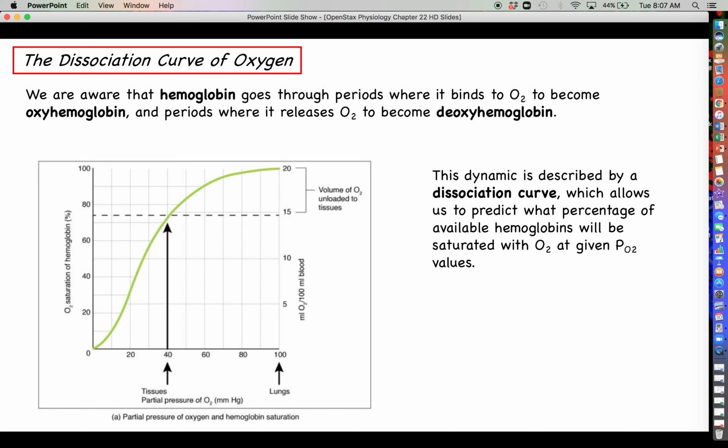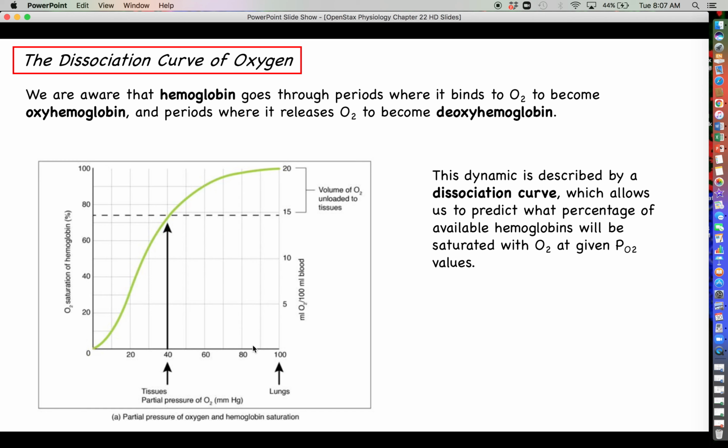So the idea here is that there is a sigmoidal mathematical relationship between the partial pressure of oxygen and the oxygen saturation of hemoglobin. What that basically says is that at very high concentrations of oxygen in the blood, such as in the arteries and in the pulmonary capillaries, hemoglobin is going to have a very, very high affinity for oxygen.